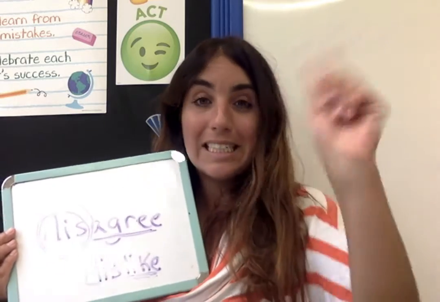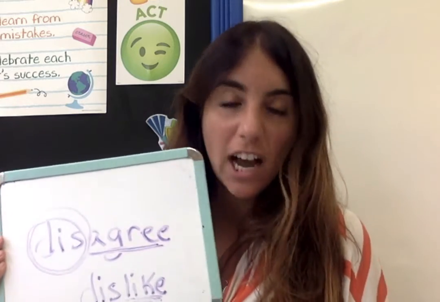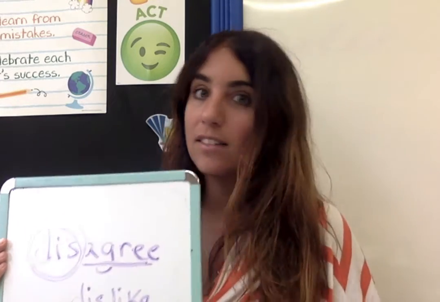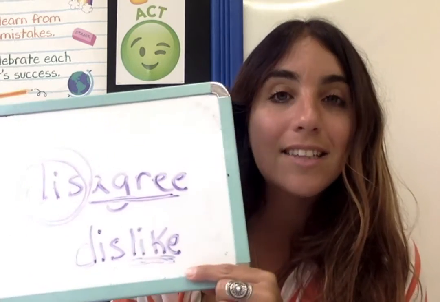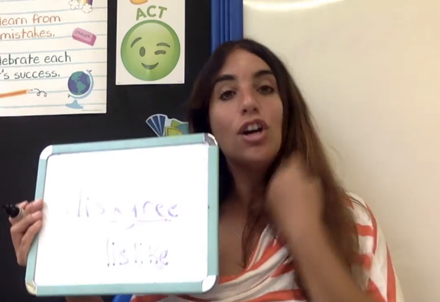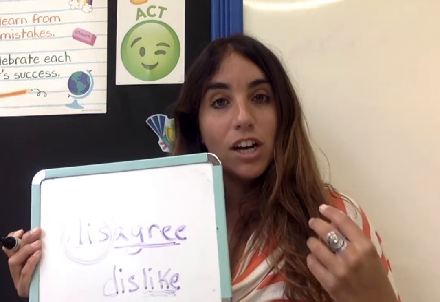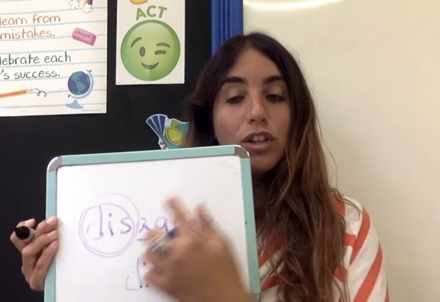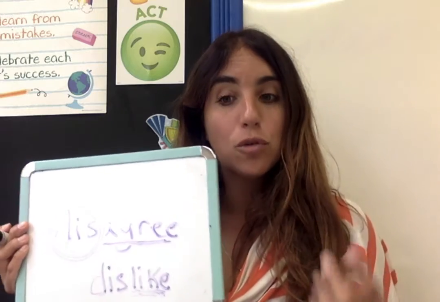If I wanted to say I did not like something, I don't have to say I do not like ice cream or I do not like soccer, for example. I could say I dislike ice cream or I dislike soccer. So it's just another way for us to write better and for us to understand what root words are and how we can build on those root words.